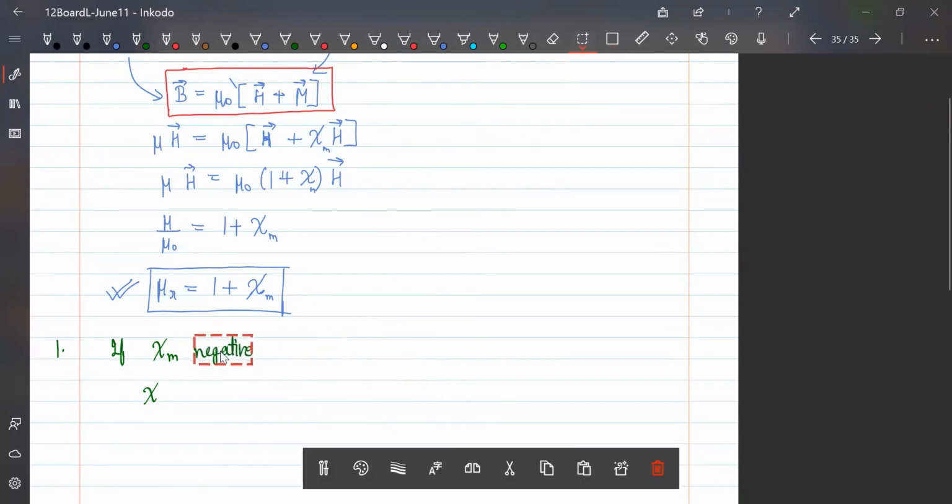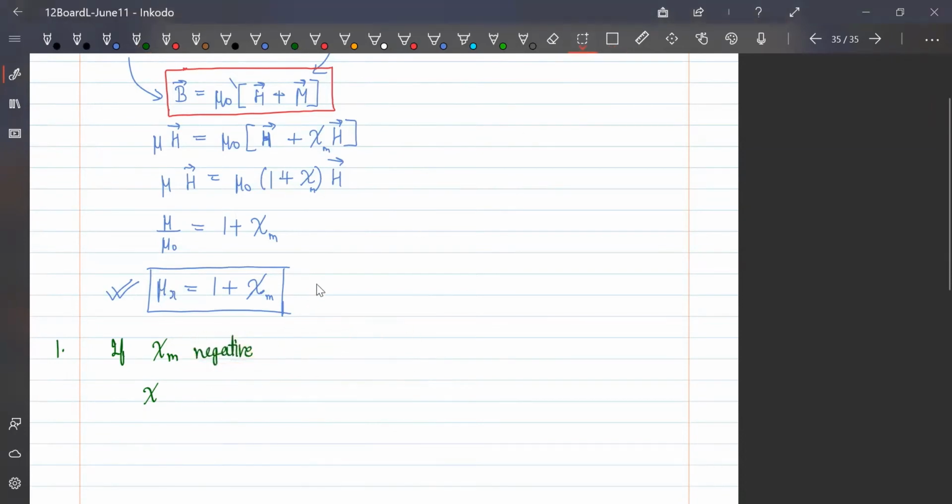So these types of substances are called diamagnetic substances. That is, xi is less than 0. This means that relative permeability is less than 1.